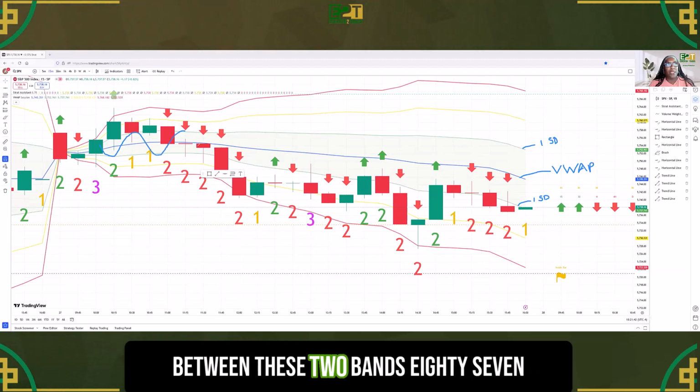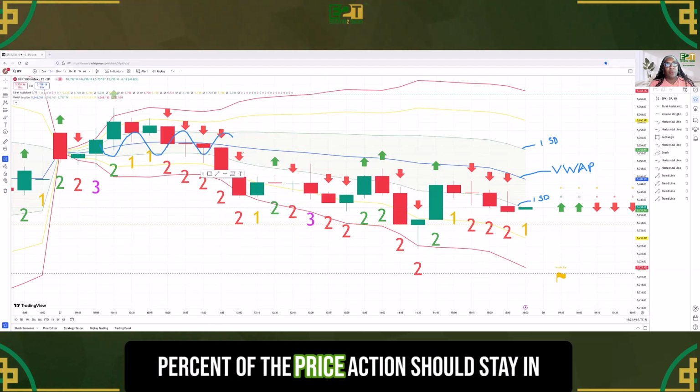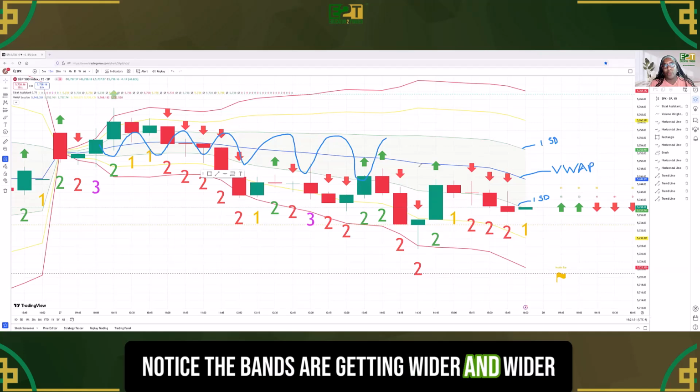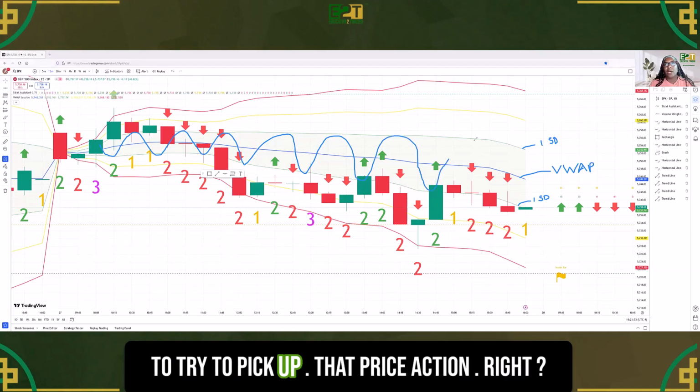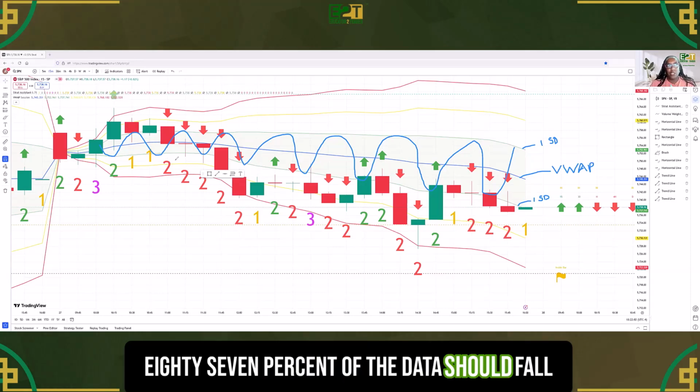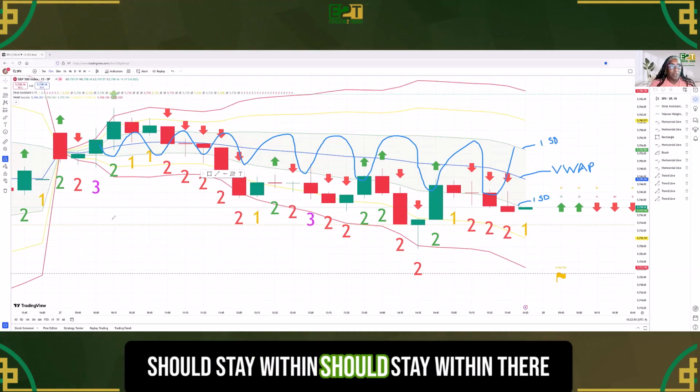So it looks like we did drift a bit. Notice the bands are getting wider and wider to try to pick up that price action, right? That's the one standard deviation. About 87% of the data should stay within there.